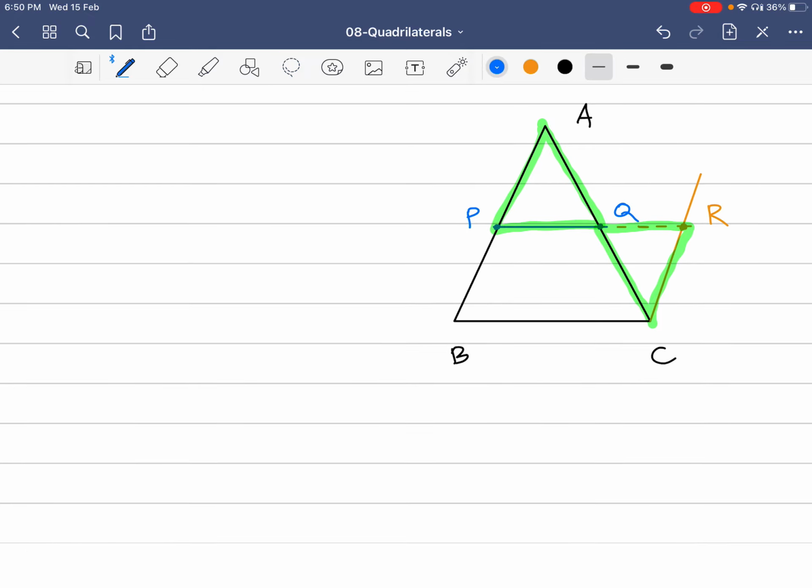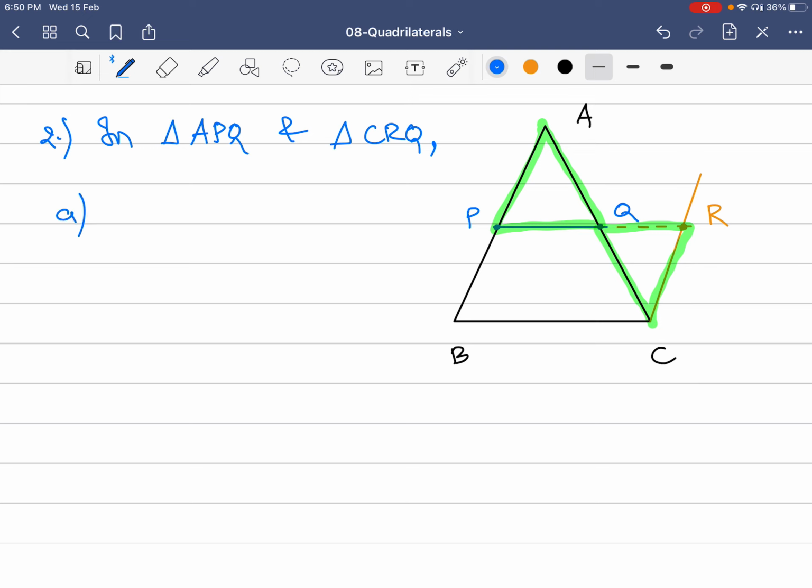Now step number 2. In triangle APQ and triangle CRQ, we are going to try to prove that these two triangles are congruent to each other. Triangle APQ is congruent to triangle CRQ. How is that possible? Let's see.